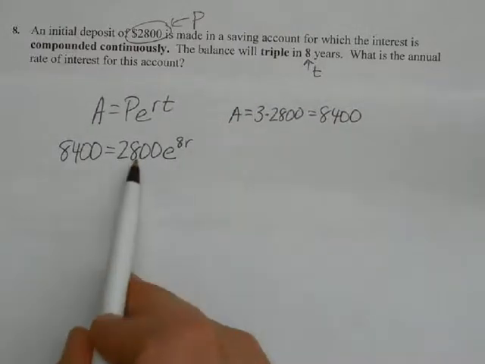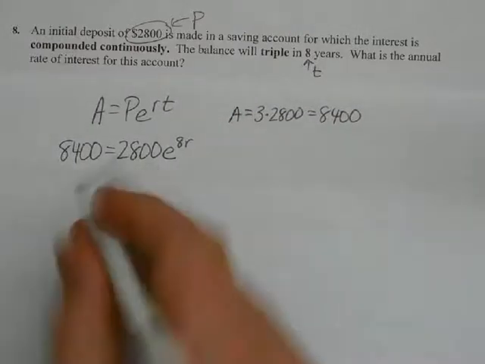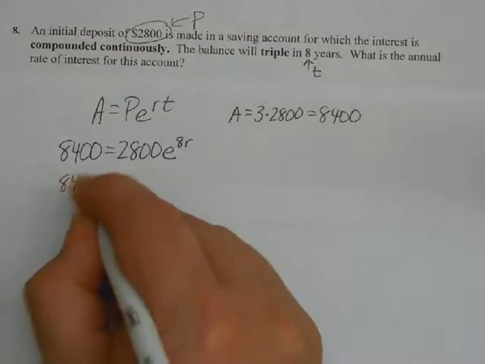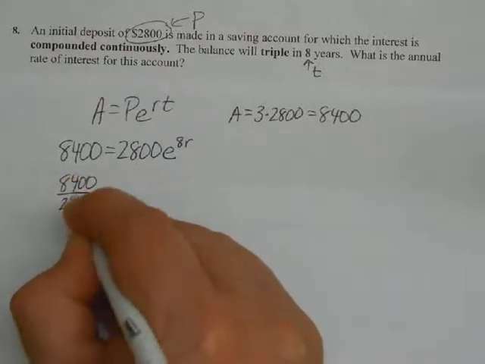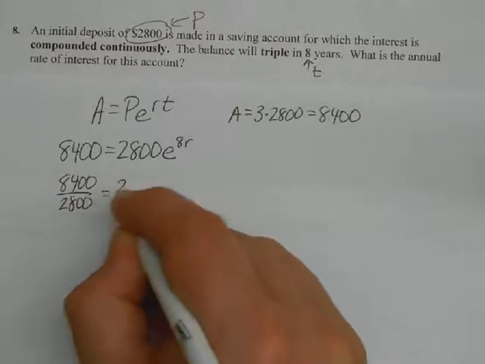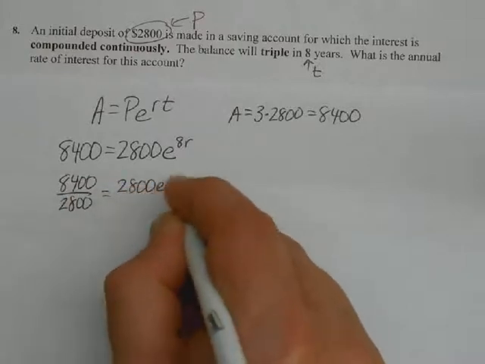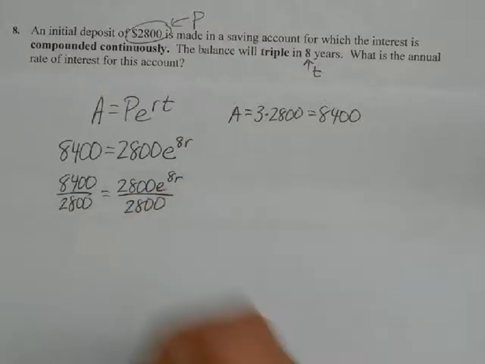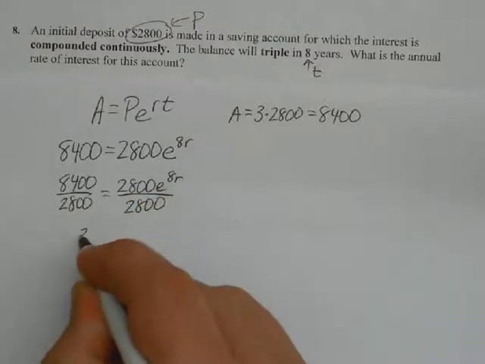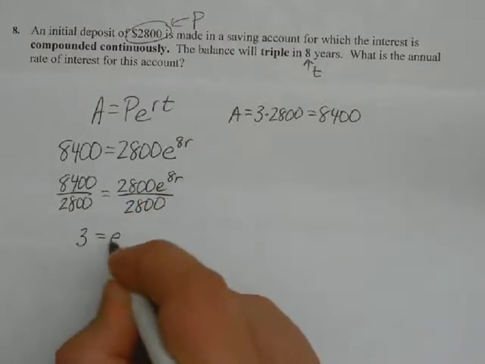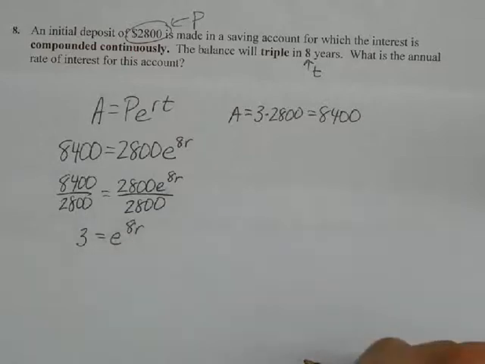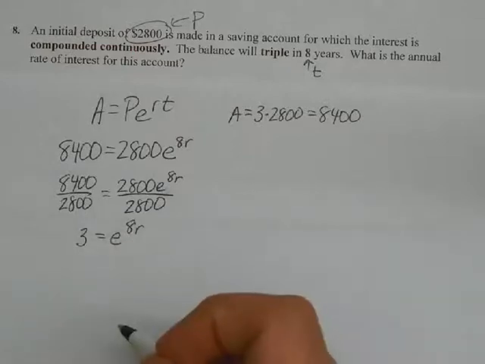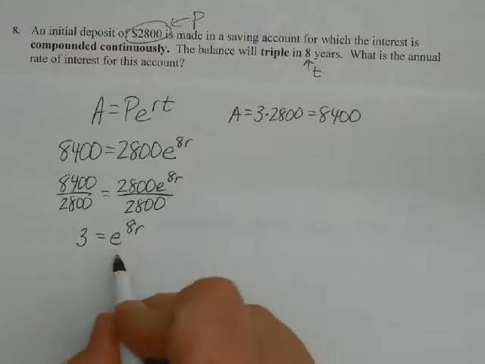I recommend getting the exponential by itself. So I'm going to divide both sides by 2,800. So we get 3 equals e to the 8r power. We can undo an exponential with base e with the natural logarithm.